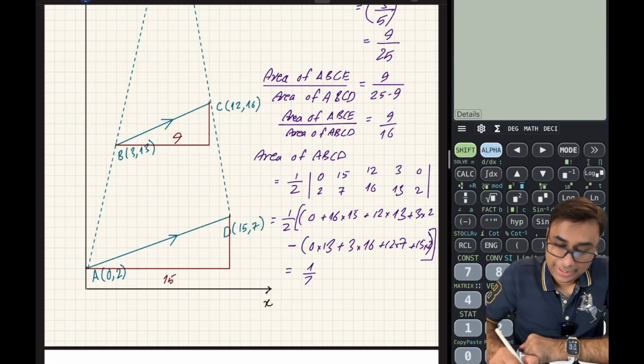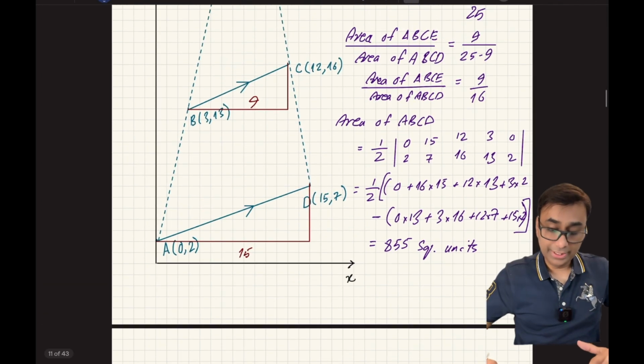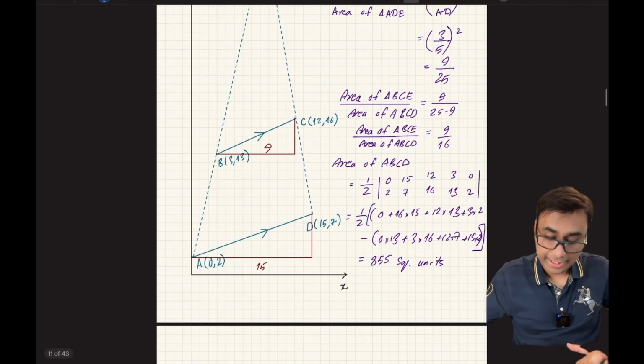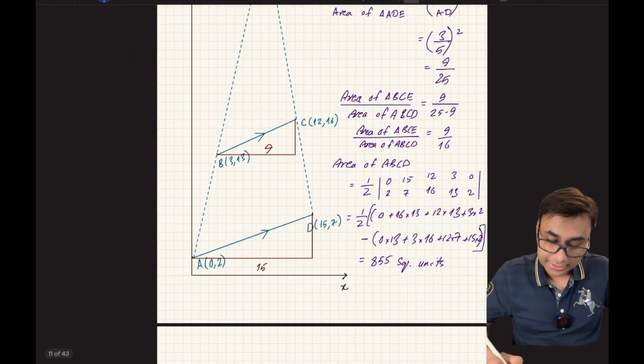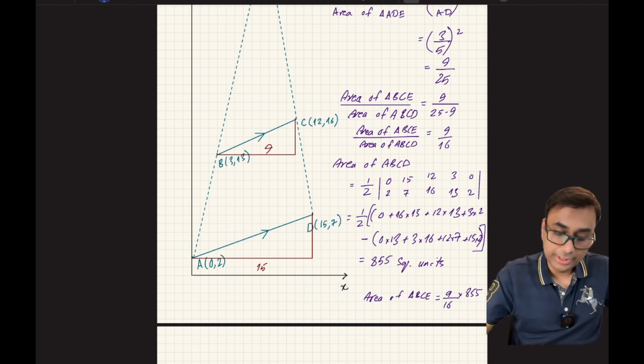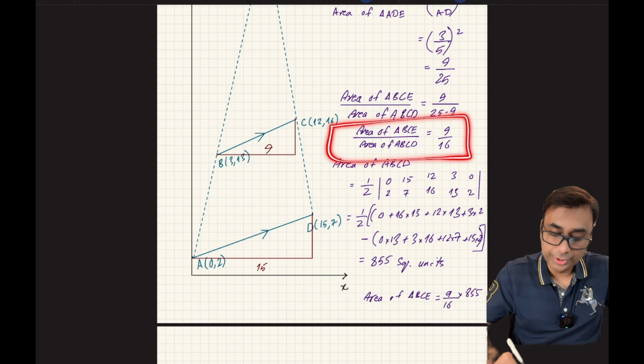So I'm getting this area as 855 square units. So if I'm getting the area of ABCD as 855 square units, I can find the area of triangle BCE, and that's going to be 9 by 16 times 855 by using this particular equation.